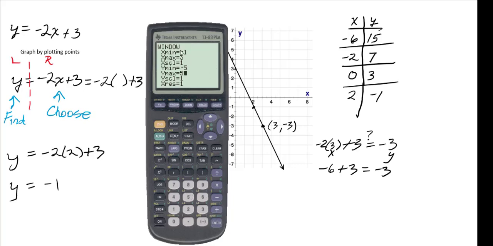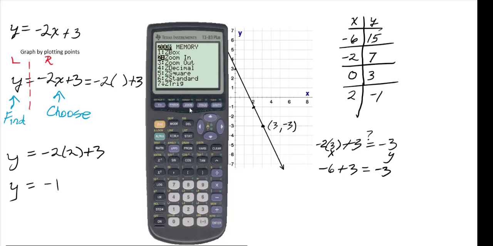Okay, so now I adjusted the axes. Now you get a slightly different picture. It's the same equation, just on a different scaled axis. But if I want my 10 by 10 window back, I could just go to the zoom menu and select 6, and instantly it gives me a 10 by 10 unit set of axes.